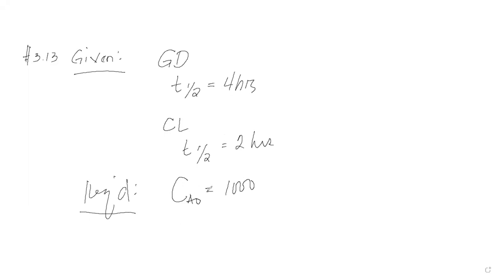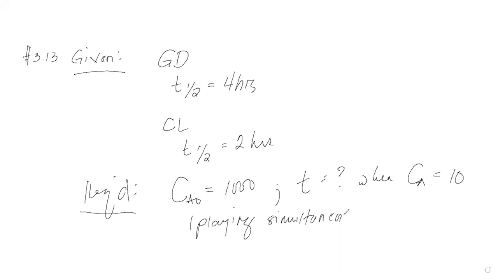You are to find the time when CA is just 10. So in this scenario, you have playing simultaneously GD and CL.